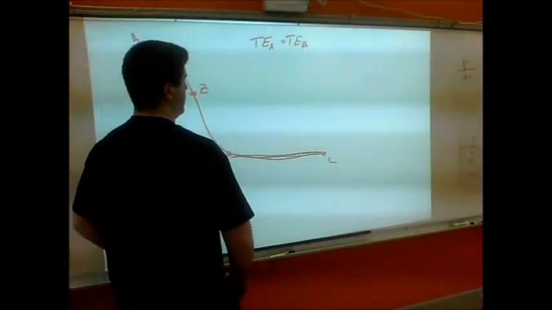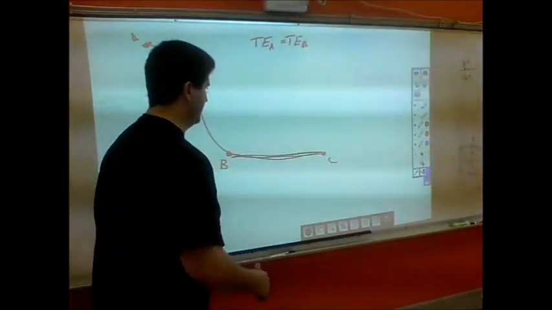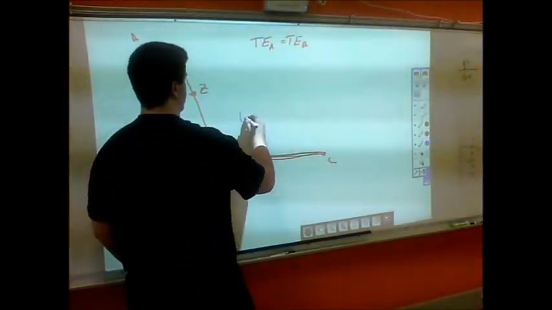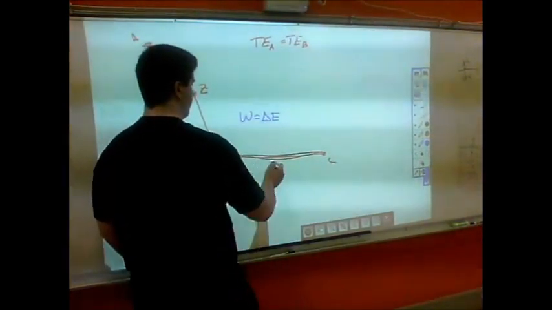So in order to find that force, we have to look at the work done by it. We say that work equals delta E. So let's look at the delta E from B to C.